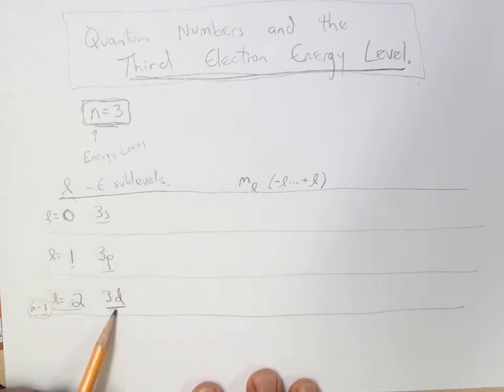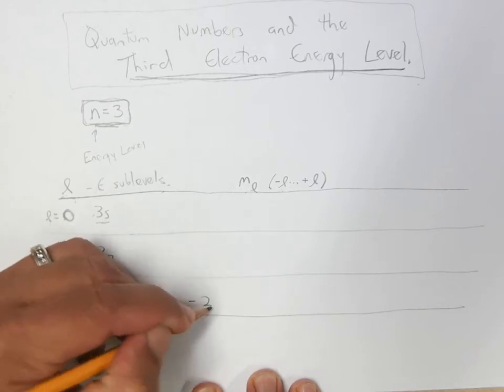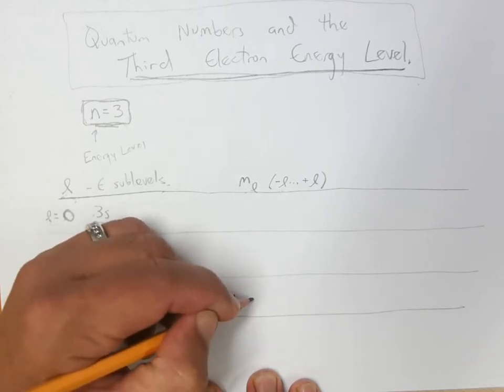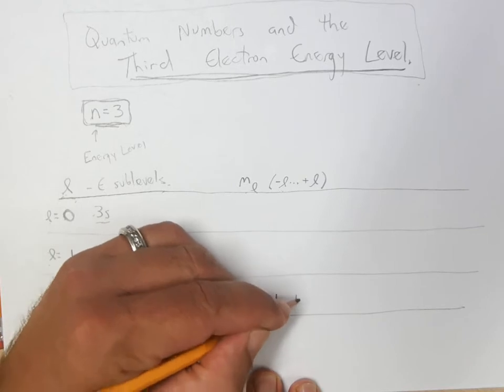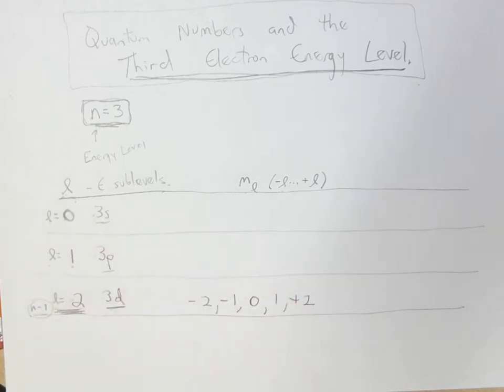So if L equals 2, the third sublevel here, we start at minus 2, and we just count upwards until we get to plus 2. So again, not really difficult math. You might struggle to understand why we're doing this math, but that comes from an understanding of the exponents in the solutions to the Schrödinger equation, which we really don't need to know.